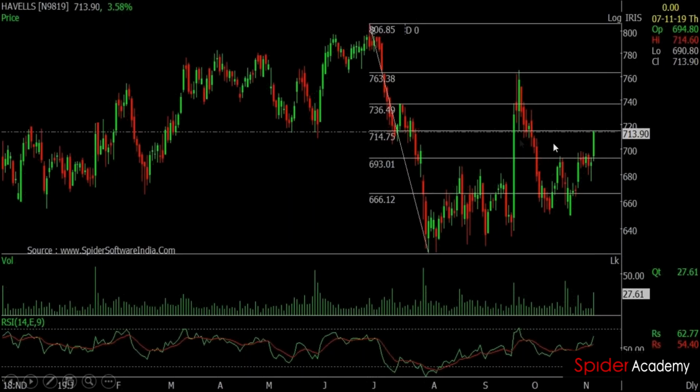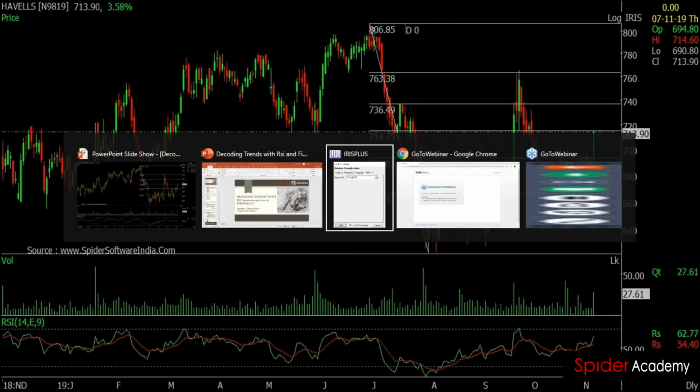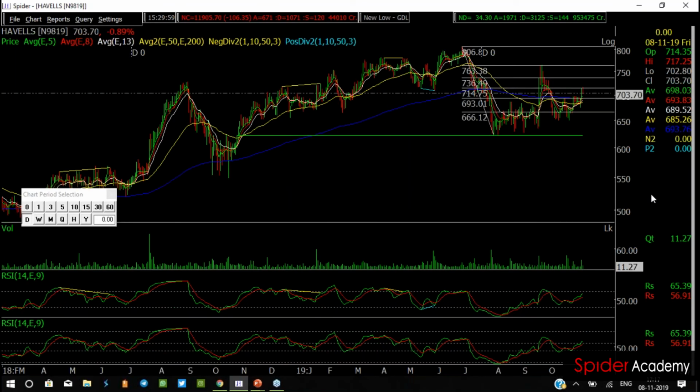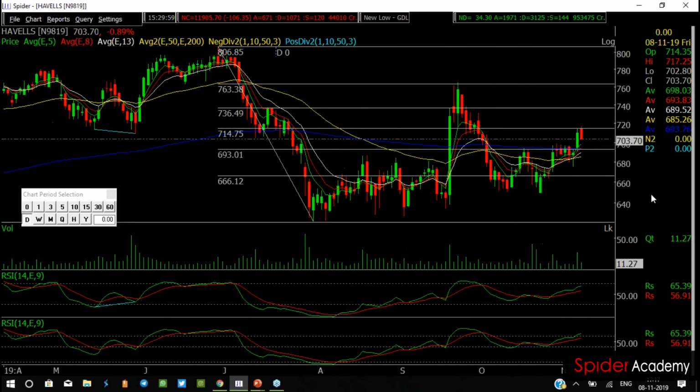And see how it has... So this is my 23, 38, 50, 61 and 78% levels. See how it stopped at this particular price and reversed from there. And again moving upwards, it has moved till 50%. Let's see how it reacted today to our Fibonacci. Wow, surprising, right? It reversed exactly back from 50%.